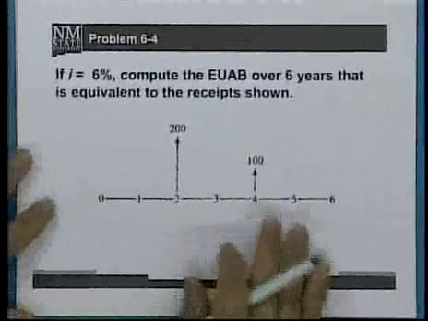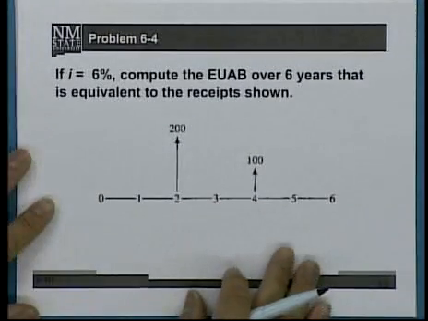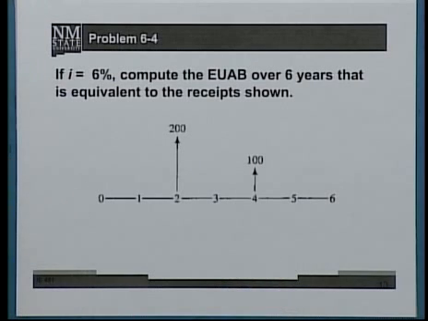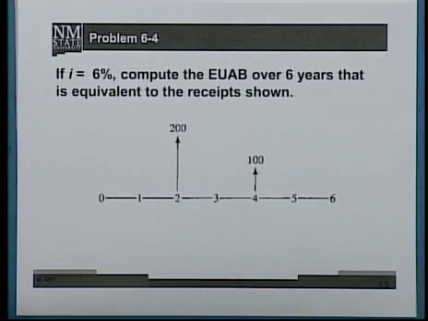Okay, then what about problem 6-4? If the interest rate is 6%, compute the equivalent uniform annual benefit over 6 years that is equivalent to the receipts shown in these cash flow diagrams.